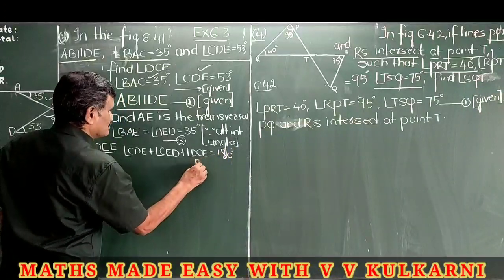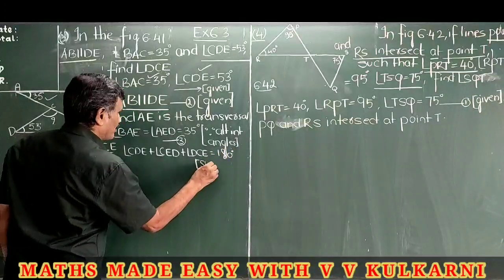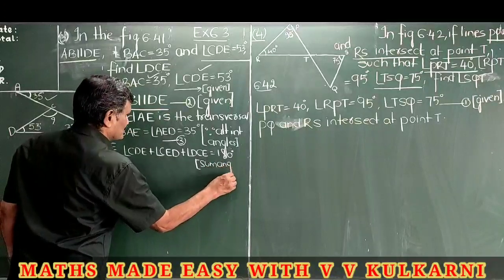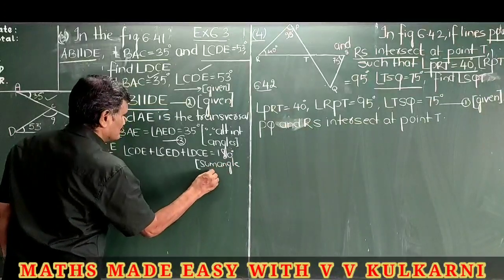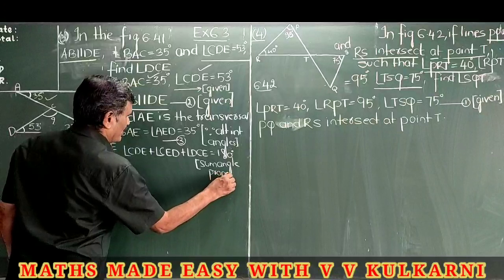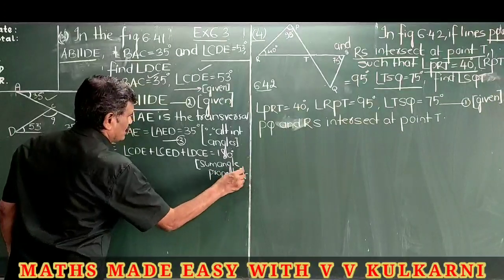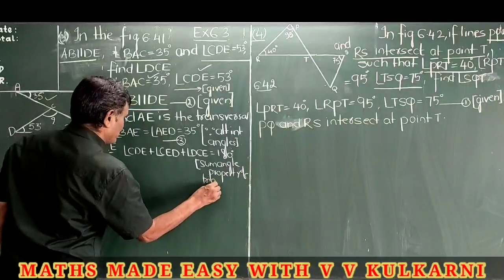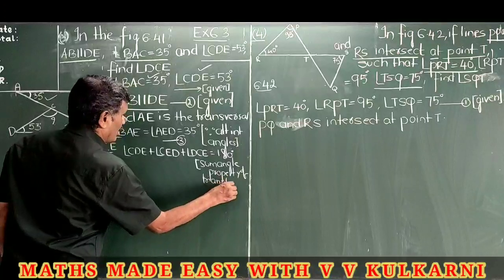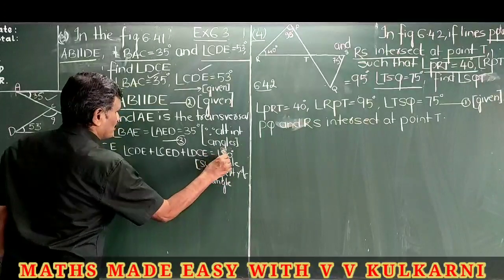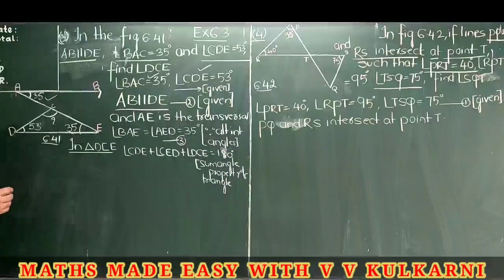And the reason is the angle sum property of a triangle. Of course, needless to say. So the angle sum property of a triangle I have used here. So this is 180 degrees.